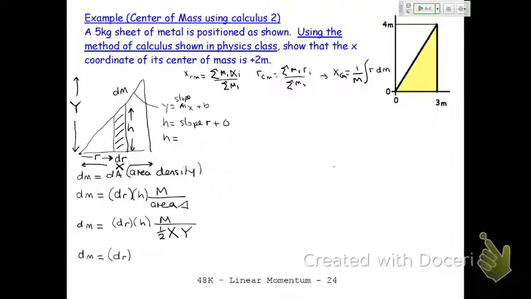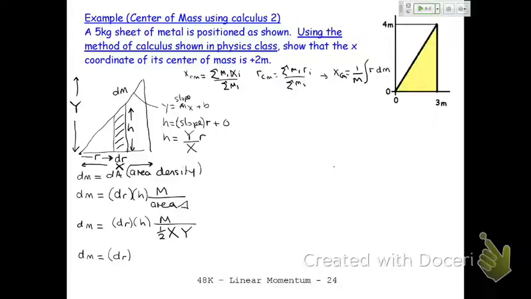So h is equal to, what is the slope of this? Rise over run? Do I have letters for that? What's it going to be? Big Y over big X times r. Is that slope times r plus 0? Yeah. The slope times r plus 0 equals h. Everybody see where that comes from?